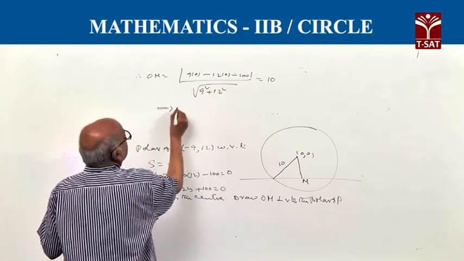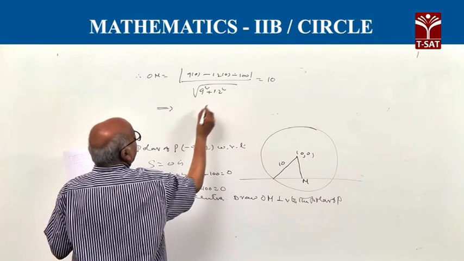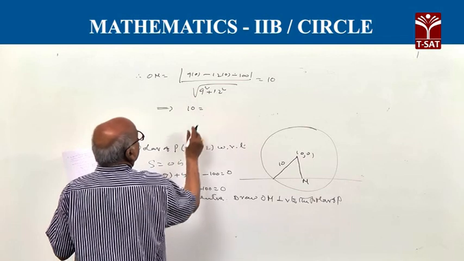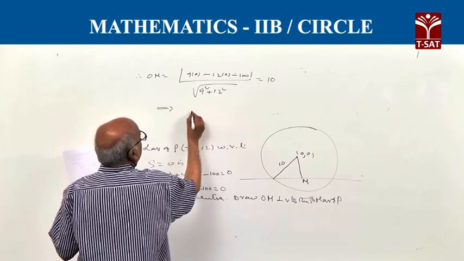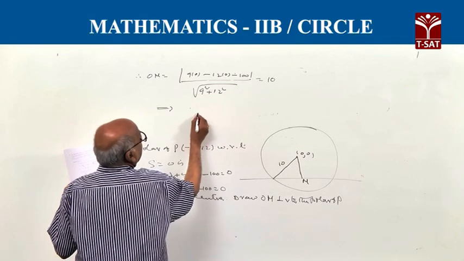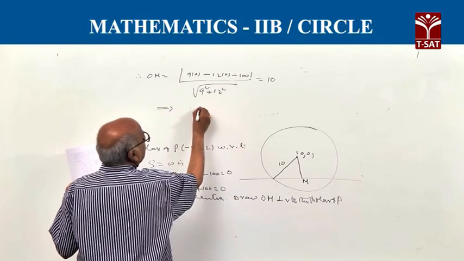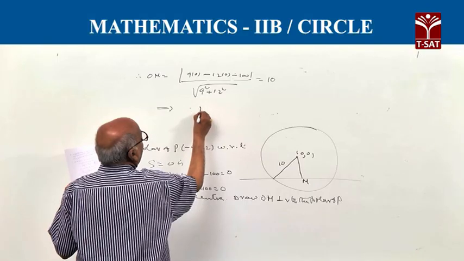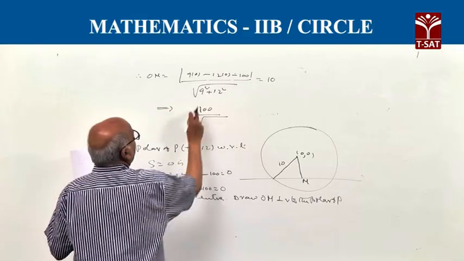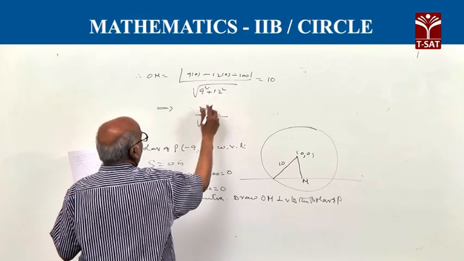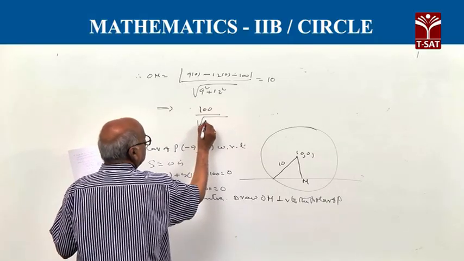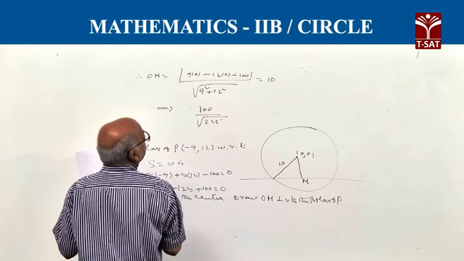So, that is 100 by root of 81 plus 144. 81 plus 144 means 225.